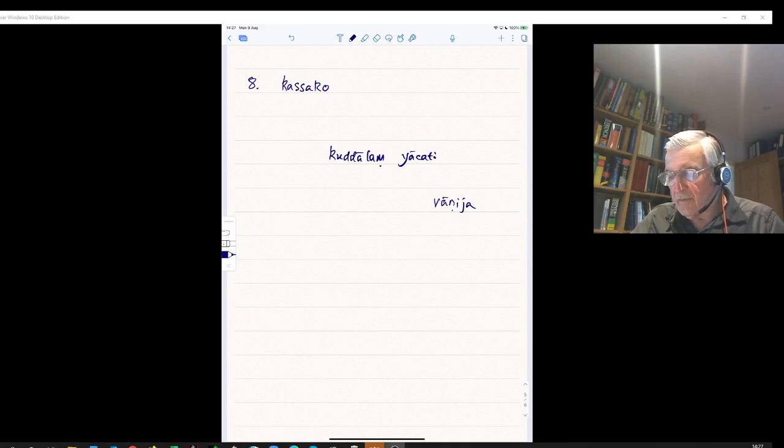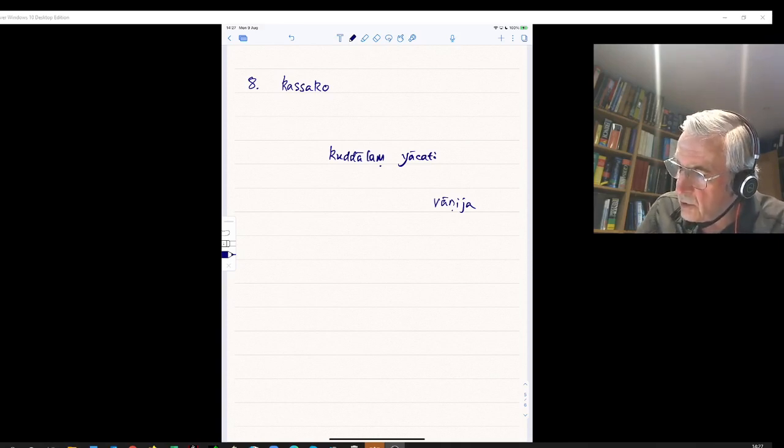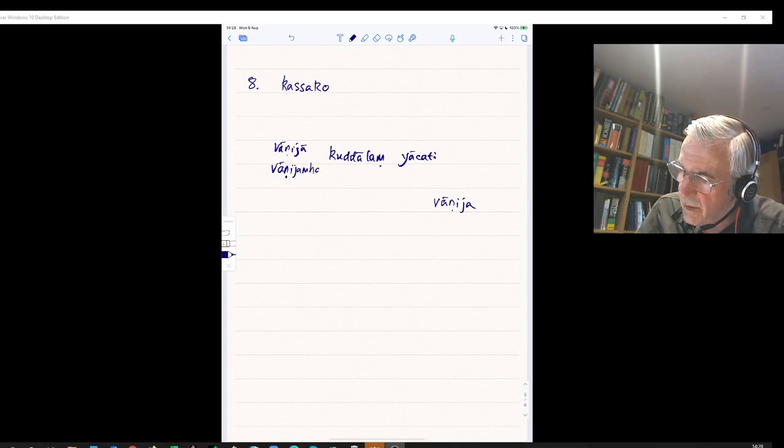So the farmer asks the merchant for a hoe. You can have kasako varnija kuddalam yachati, or varnijamha kuddalam yachati. Equally correct.